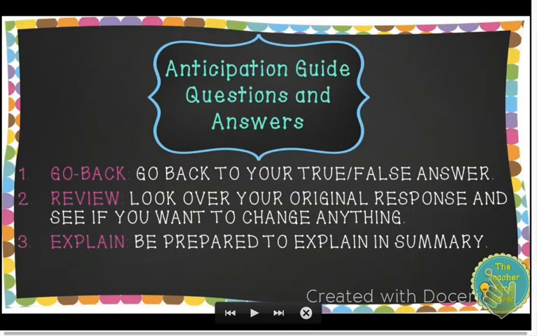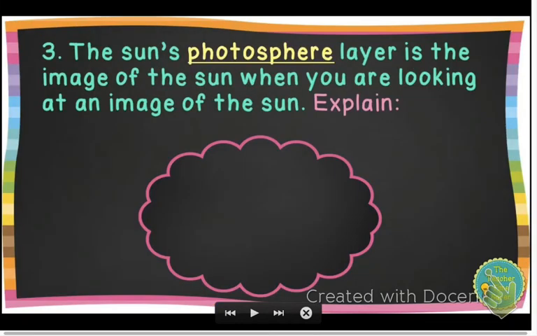Okay. We're going to go back and look at those first 2 questions that I asked you at the beginning, the true-false questions, so stay on that side. So now, after hearing about the sun, is this true or false? The sun's photosphere layer is the image of the sun when you are looking at an image of the sun.